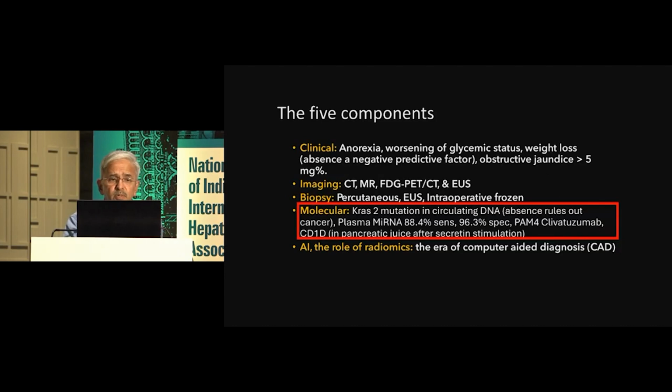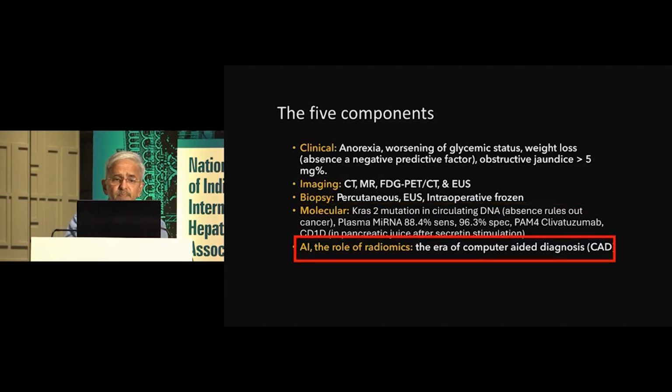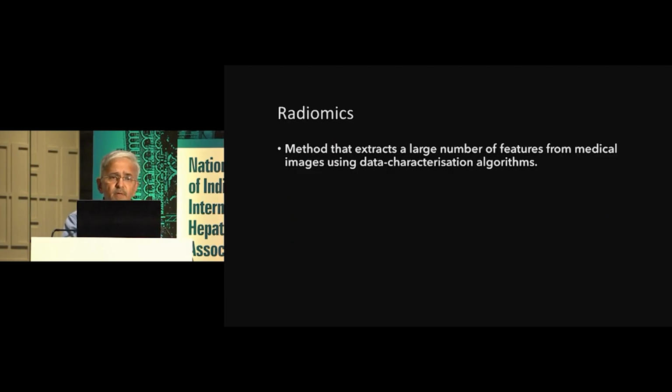I spoke about the molecular aspects, and in the era of computer-aided diagnosis, I just want to explain to some of my younger colleagues that radiomics extracts a large number of features from the medical images by taking bits of it out, constructing a mosaic, and then comparing it using data characterization algorithms.